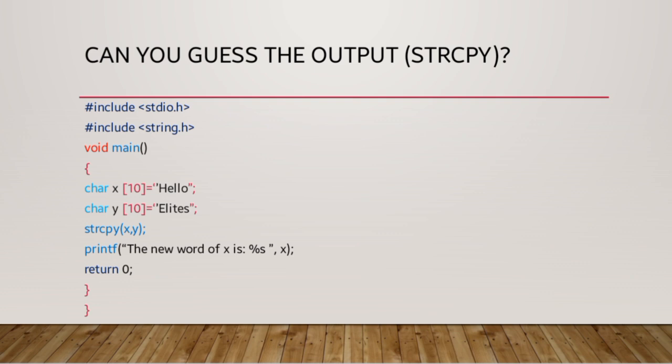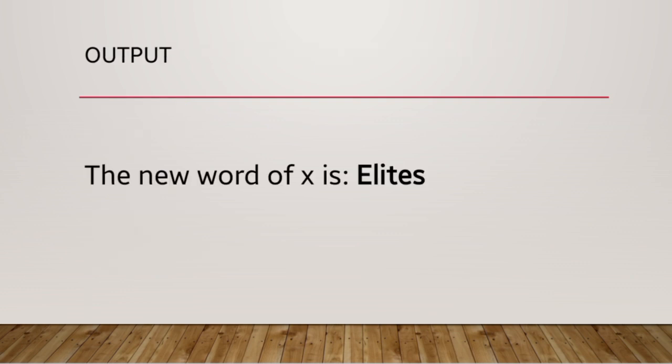So I say copy the value of y to x. If I print it, I am going to see my result to be the new word of x is elite. Okay, because x has been overridden from hello and replaced with elite.